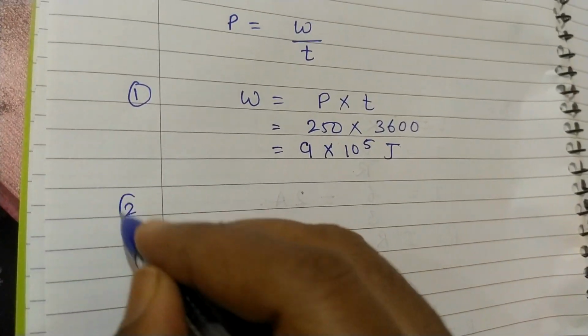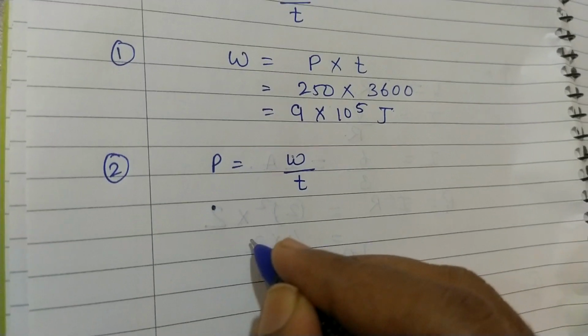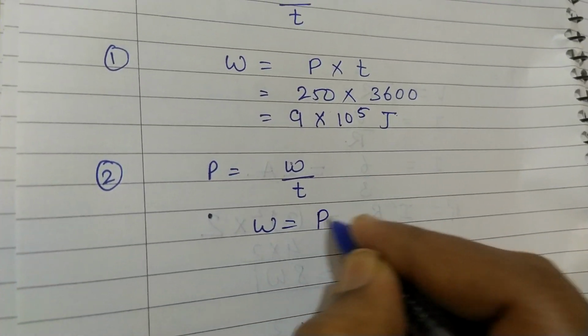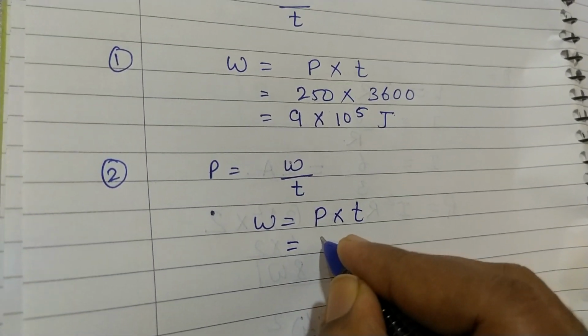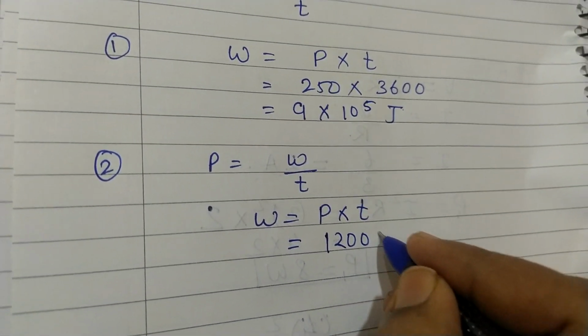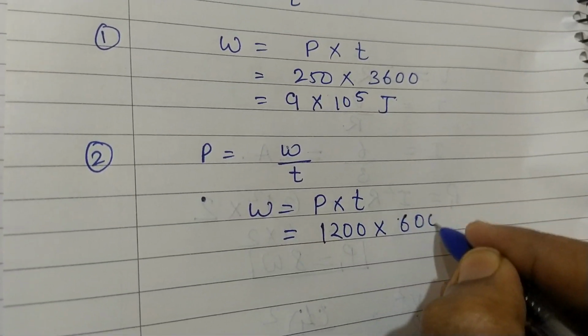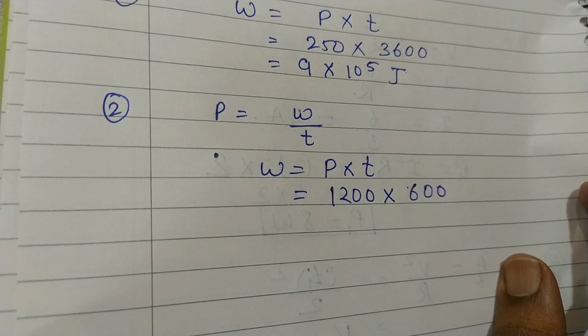In second case, children, again power is equal to work done upon time. So work done is equal to power multiplied by time. In second case, power is 1200 watt multiplied by time, which is 10 minutes. So 10 into 60, 600 seconds.